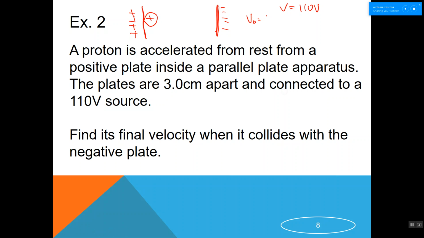Initial velocity would be 0 meters per second, right? And I'm looking for its final velocity. Which relationship, now you have to remember back to mechanics last year, your projectile motions and all things like that, how do you relate initial velocity and final velocity?